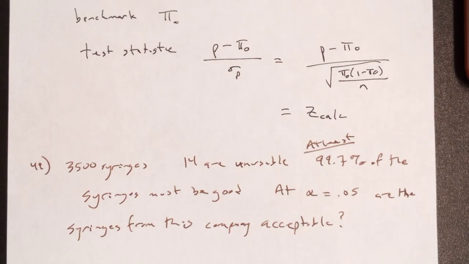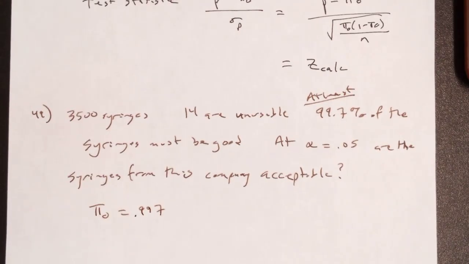You said 0.003. Right. Because 99.7% is a proportion of 0.997. Right? So the opposite of that is 0.003. I just converted from percent to decimal. Or 0.3%.